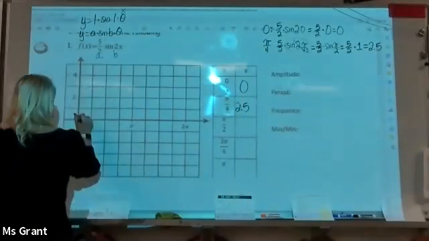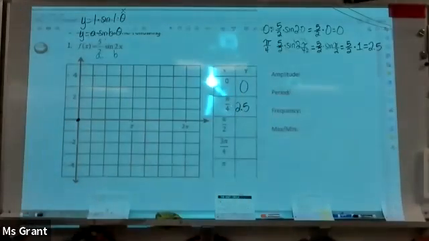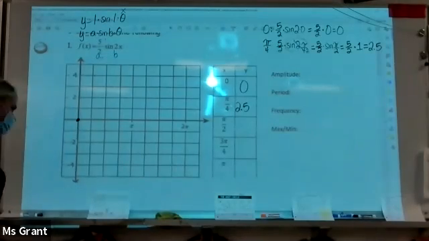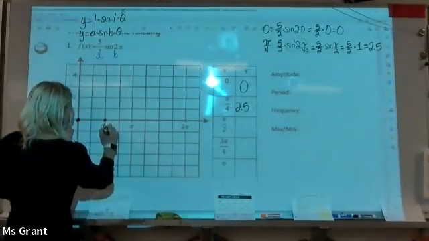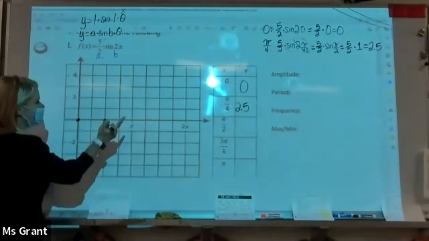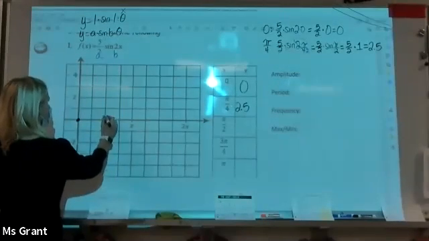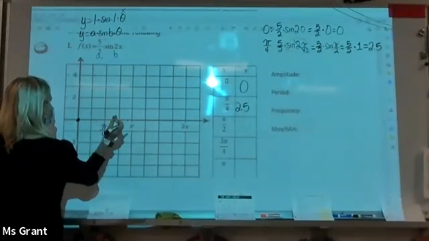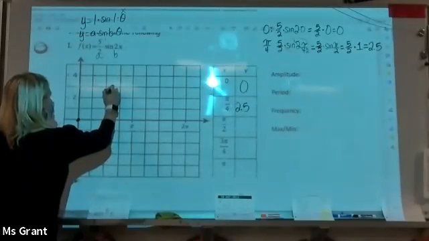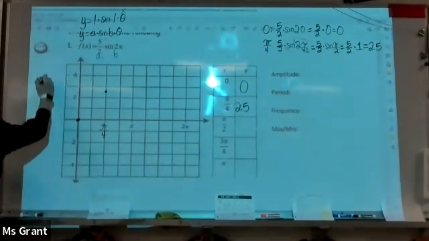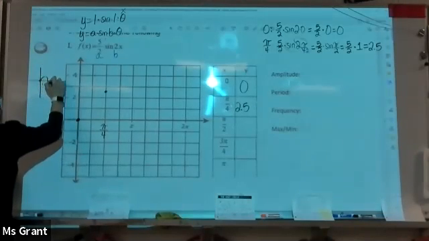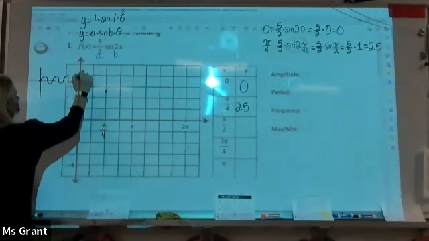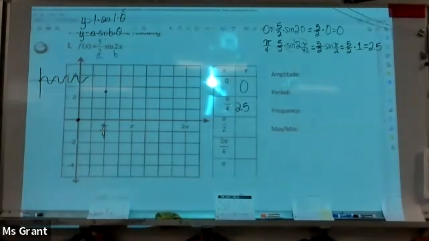So I got 0, 0. Pi over 4 is 2.5. Remember, the sine graph always starts at 0, 0 and does this over and over again. That's what the sine graph does.